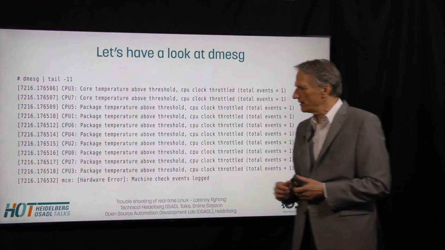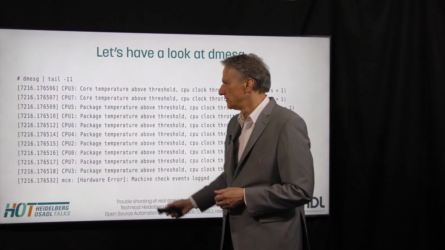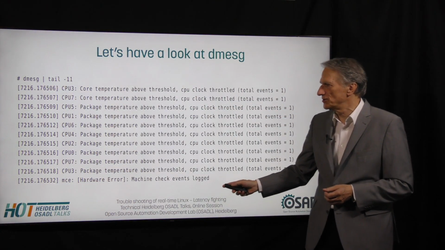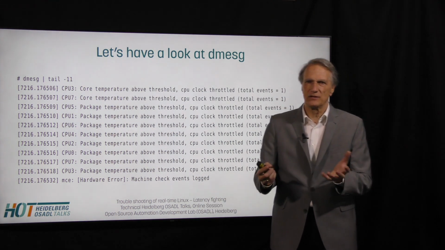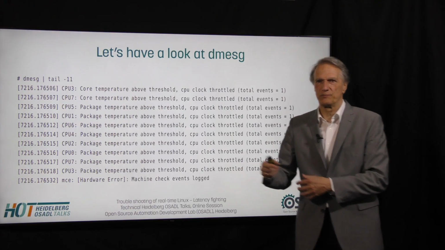But then at the end, we see a hardware error, machine check exception, and a machine check event was logged. And this is a combination of a kernel part and a user space part.